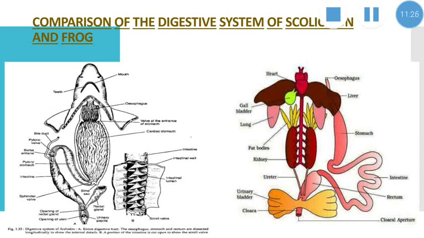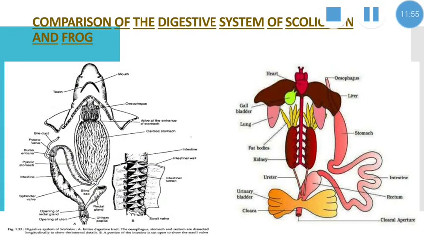So in frog, the internal surface of the intestine bears numerous transverse folds which increase the area of secretion and absorption. The duodenum receives the hepatopancreatic duct from the liver and pancreas, and the ileum is the longest part, of great length, with longitudinal folds.